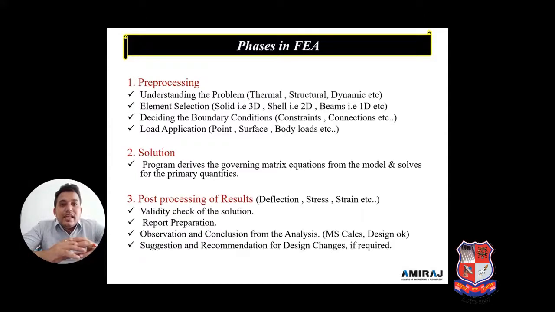We validate and check the solution, prepare the report and the different analyses as per the applications, and give suggestions and recommendations for design changes if required. Otherwise it is considered a checked result.